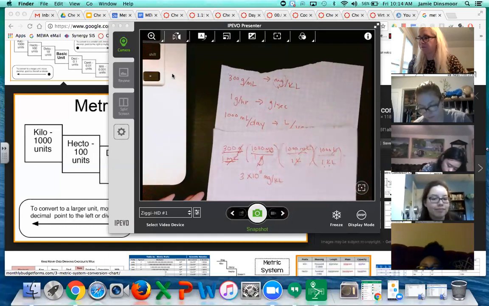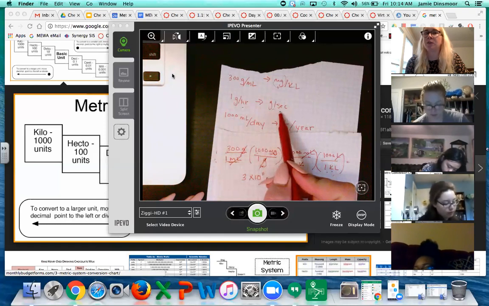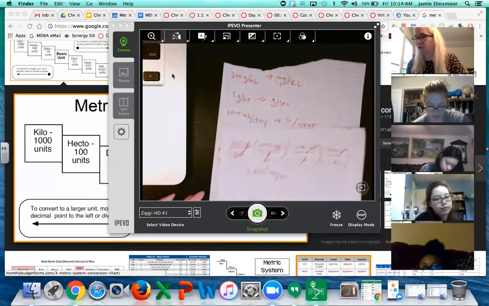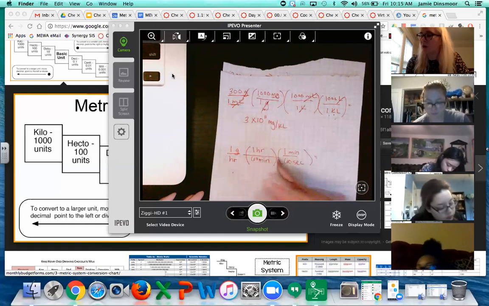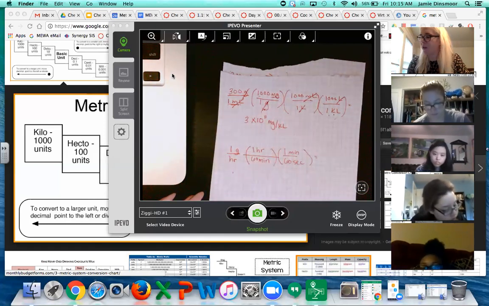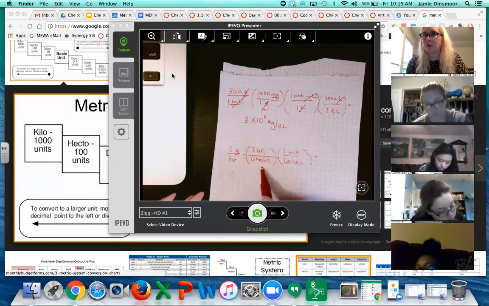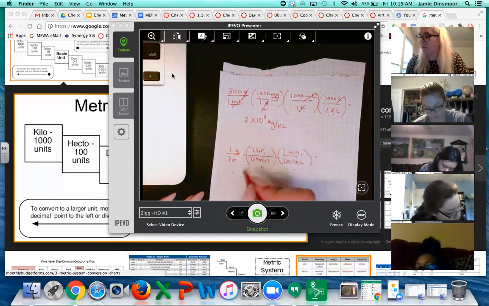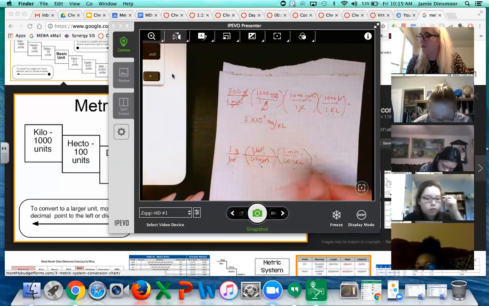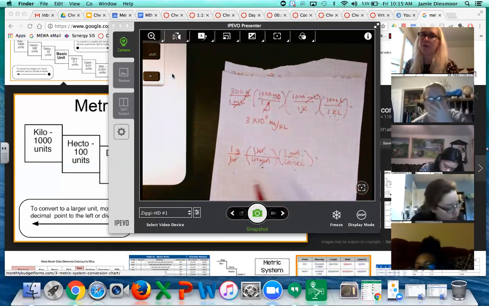The next one, we're trying to go from grams per hour to grams per second. This one's a little easier because there's less conversions going on. We have our 1 gram per hour, right? And these are all conversions of minutes and seconds here. So I know in 1 hour, I have 60 minutes. And in 1 minute, I have 60 seconds, right? So keep in mind, I'm just trying to get my units to cancel out so that I'm left with the right unit. And all I'm doing is putting in conversion factors that I know.